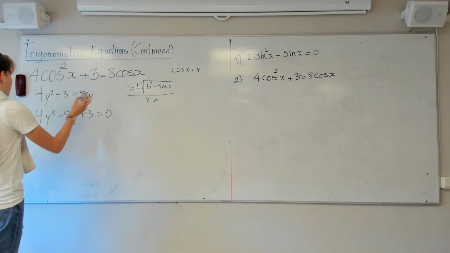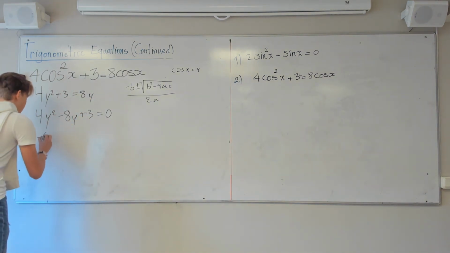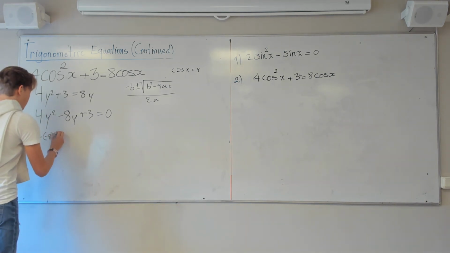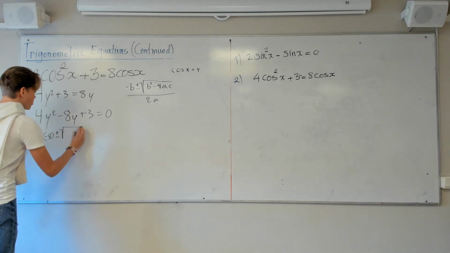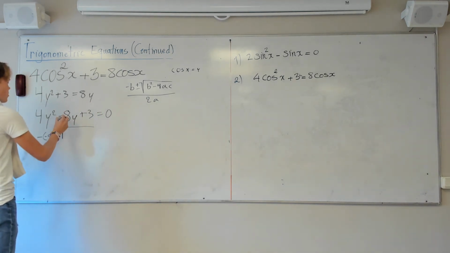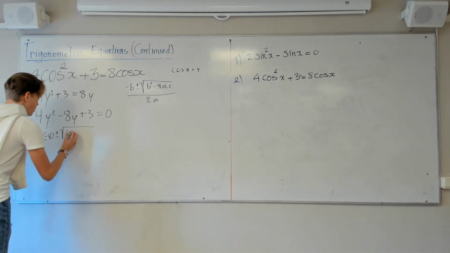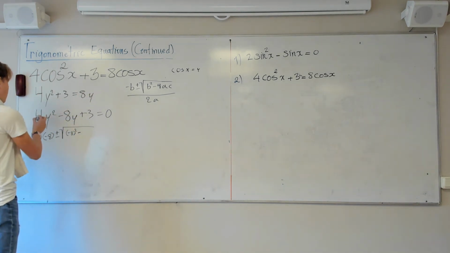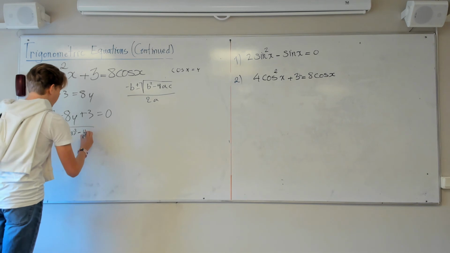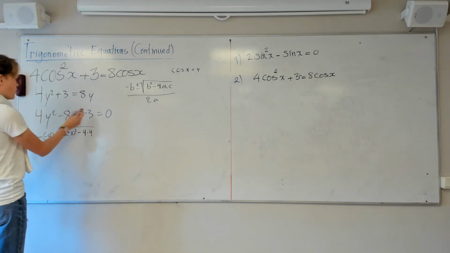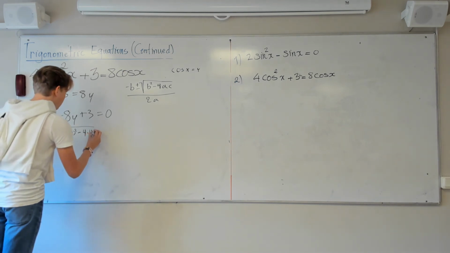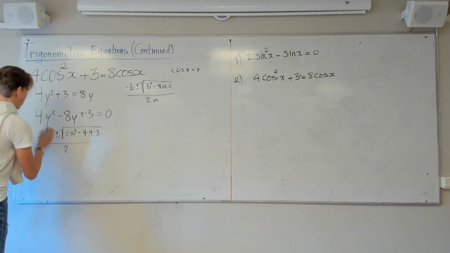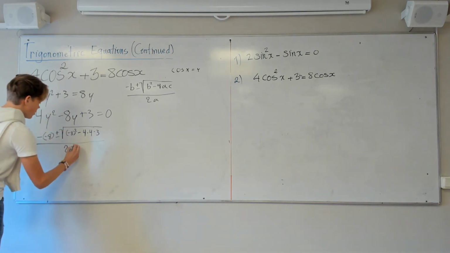So then we have negative this, which is negative 8, plus and minus the square root of this term squared, negative 8 to the power of 2, minus 4 times the first term, 4 times 4 times the third term, times 3, divided by 2 times the first term, 2 times 4.